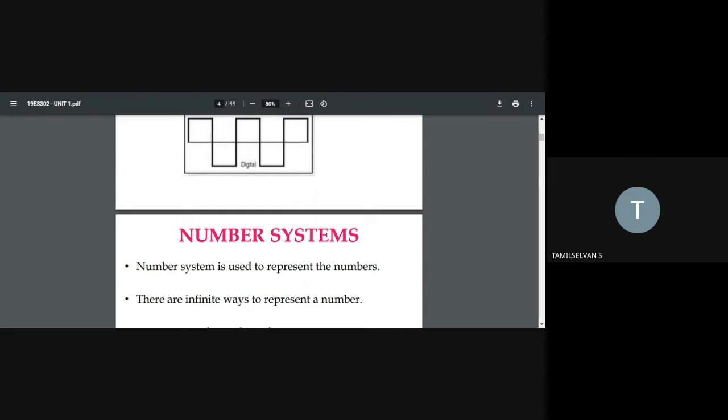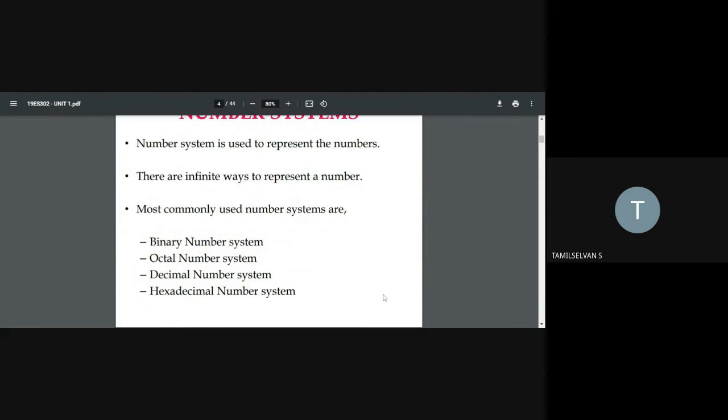All the digital signals have been transformed into numbers, so that it can be said to be digital, right? There are several ways to represent a number, that is binary number system, octal number system, decimal number system, and hexadecimal number system.